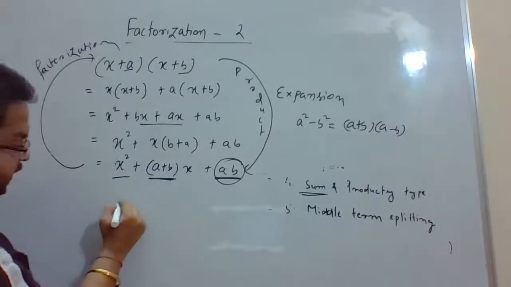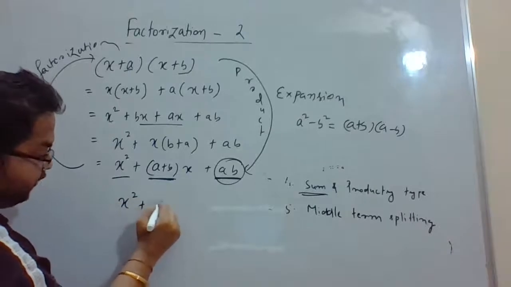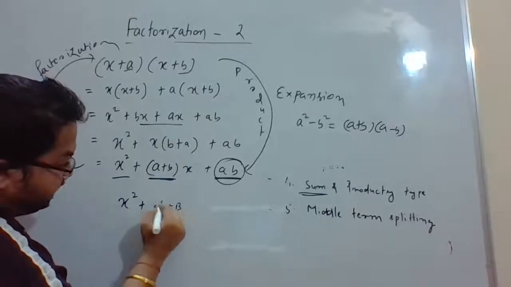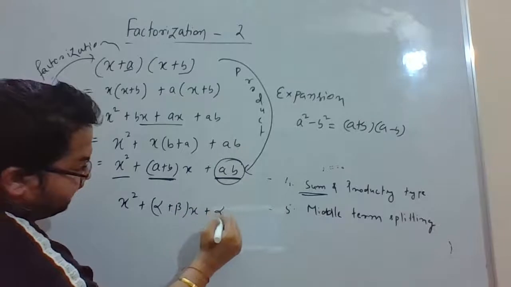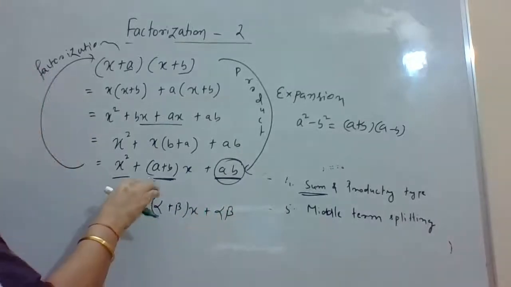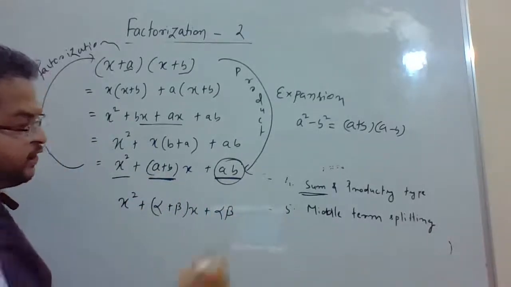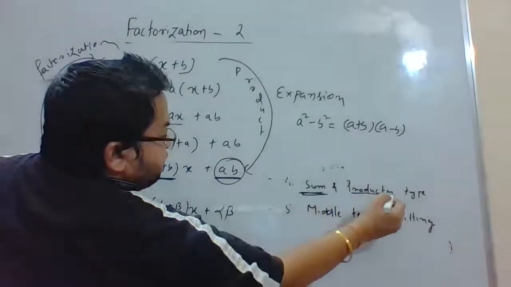In some books, they would write it like this: x squared plus alpha plus beta into x plus alpha beta. That's fine. Whether you use a and b or alpha and beta, at the end of the day, it should be sum and product type.